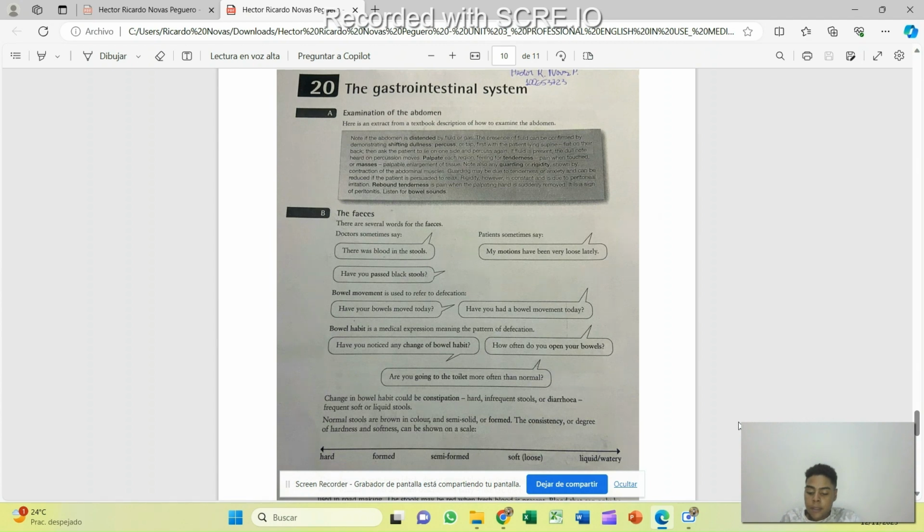It is a sign of peritonitis. Listen for bowel sounds.